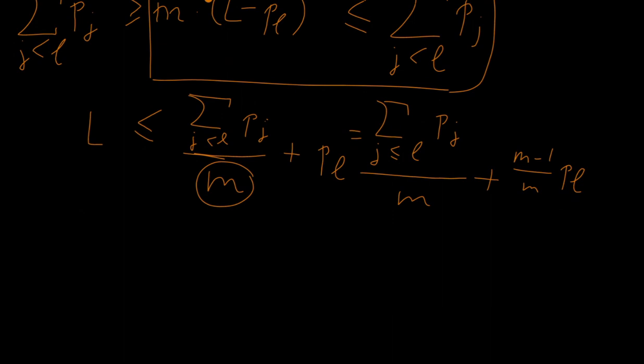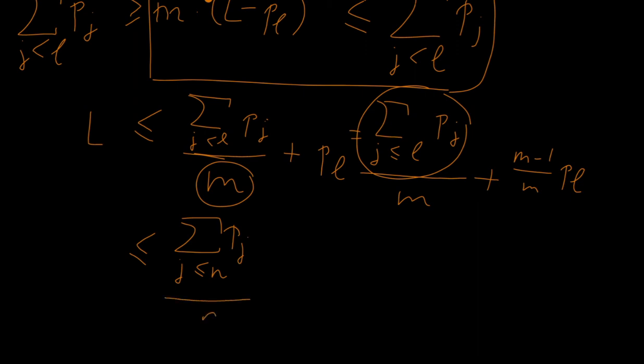Now this is at most the sum of the costs of all the jobs divided by M, since each job has a non-negative cost, plus M minus 1 over M times PL.